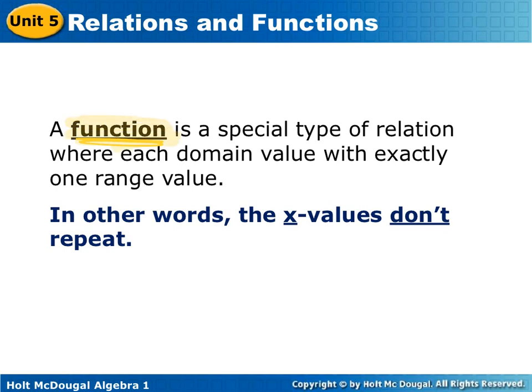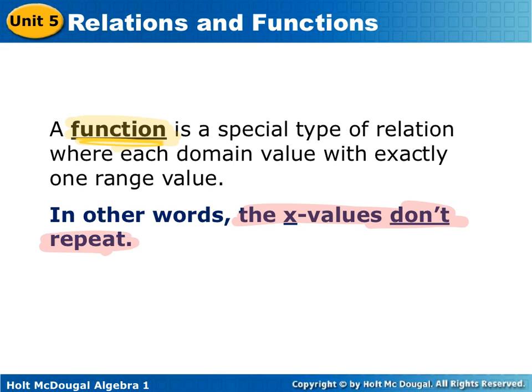Okay, we've talked about functions before. A function is a special type of relation where each domain value has exactly one range value. In other words, here's the big thing. In other words, the x values do not repeat. Okay?